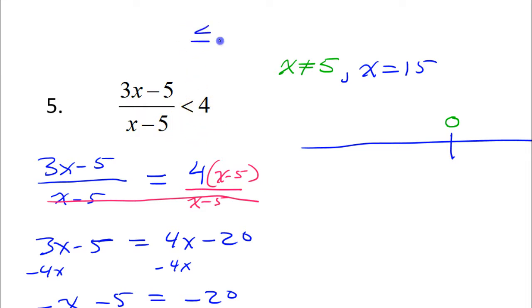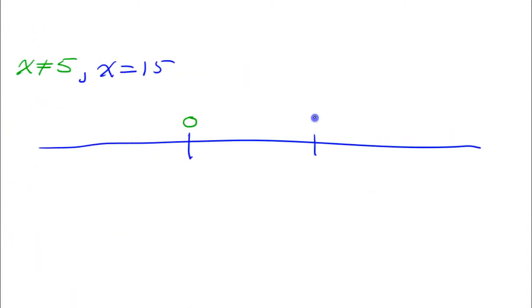If we have a less than or equal to, then it's going to be a closed circle. But if it's just less than, then that's going to be an open circle. In this case, we just want to know where the function is less than 4, not equal to 4. So this 15 is where the function is equal to 4, so we don't want to include that. So this will also be an open circle.